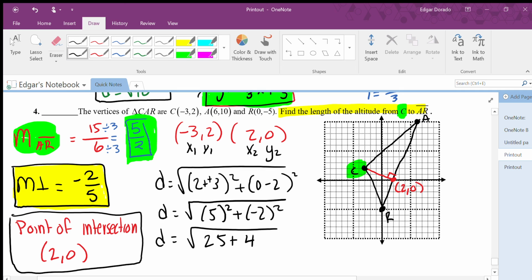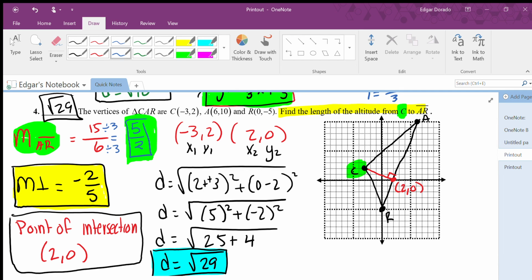Negative 2 squared is 4. For a final answer of 29. Square root of 29 is our distance, or rather the length of our altitude.